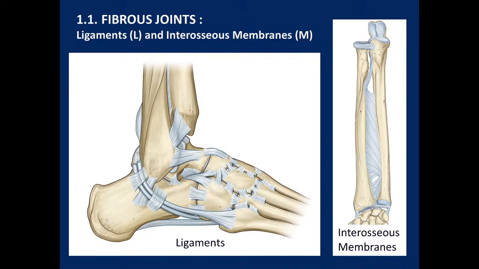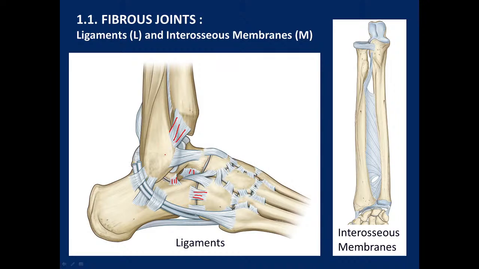In ligaments, like you see here, all of these structures are ligaments, here, here, and here. As you see, ligaments are located between two bones, and this is also a ligament.